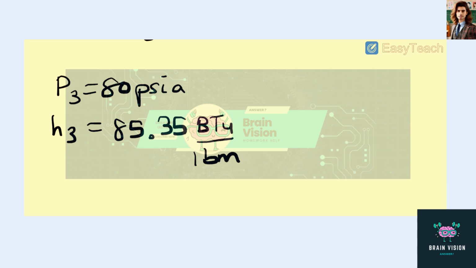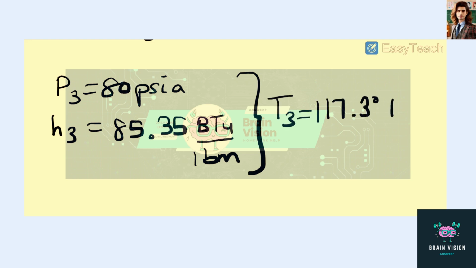Now, as we did with determining our entering enthalpy properties, we can use this state at position 3 to determine the temperature. And what we see is that when we look up this pressure and this enthalpy in our table, we'll find that this corresponds to a temperature equal to 117.3 degrees Fahrenheit. And that is the final mixture temperature, and that's our final answer.